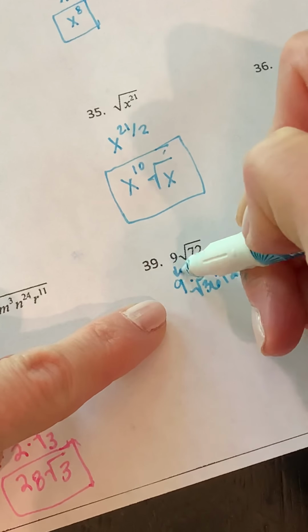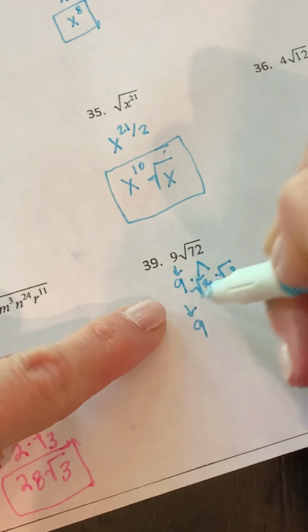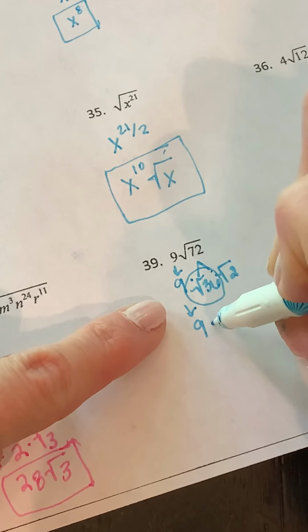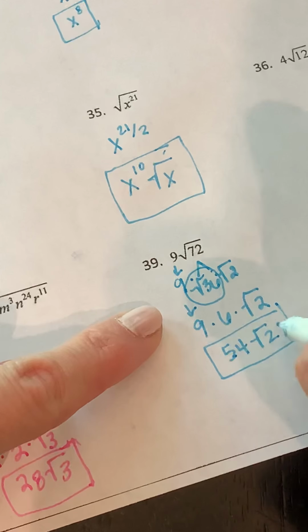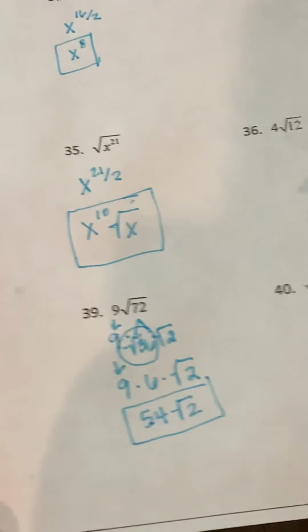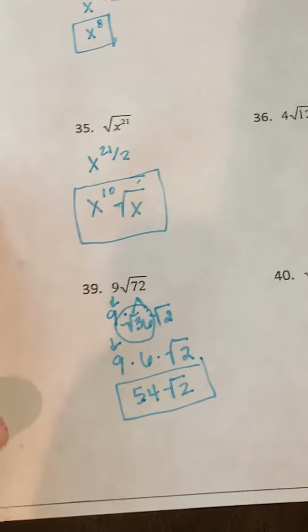So I just brought my 9 down, bring it down again. Square root of 36 is 6, and square root of 2 does not have a perfect square inside it. So 9 times 6 is 54. Square root of 2 is my final answer. And I know that is final because 2 is not a perfect square, and it does not have a perfect square factor.